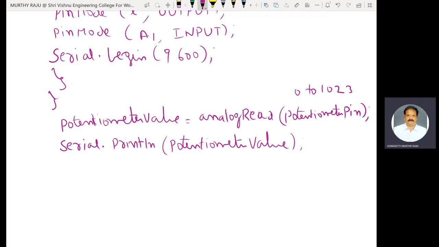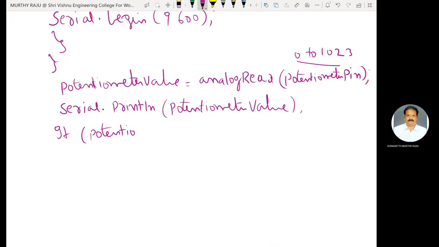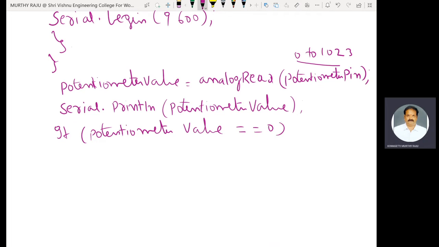Okay, now start. First, initially all LEDs are in 0 mode, off mode. By using this one, I have to write this. So many ways are there. I will follow this way. If potentiometer value is equal to 0, curly bracket open.